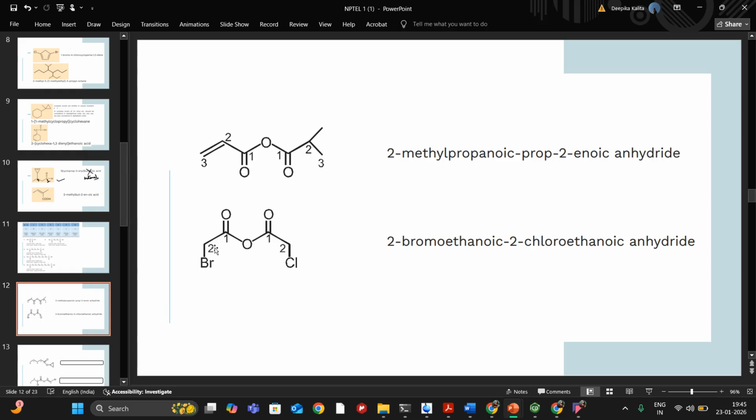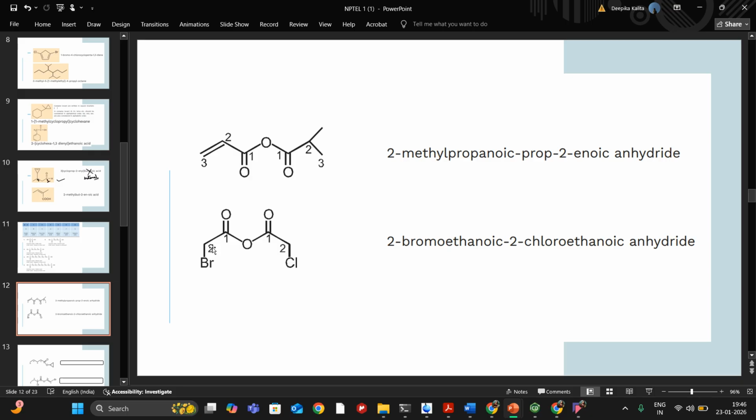So for the overall name, let us solve it fragment by fragment. For this fragment we have a bromo substituent in the second position, hence it will be 2-bromoethanoic, because the parent chain has two carbon atoms.